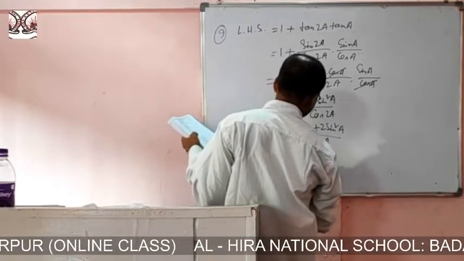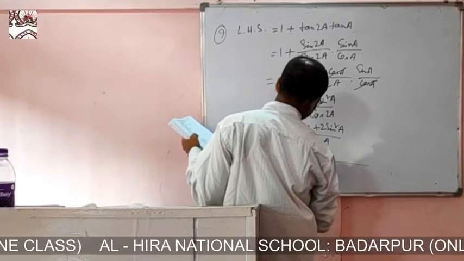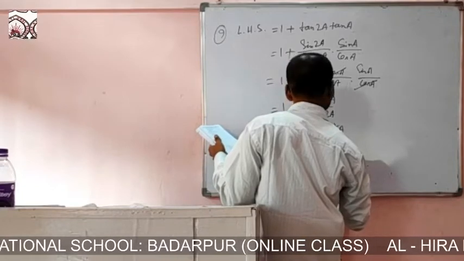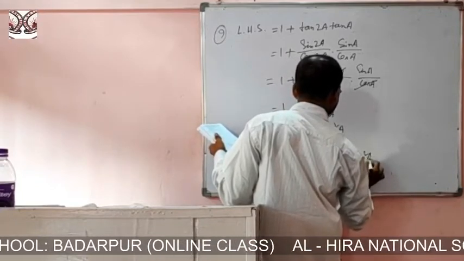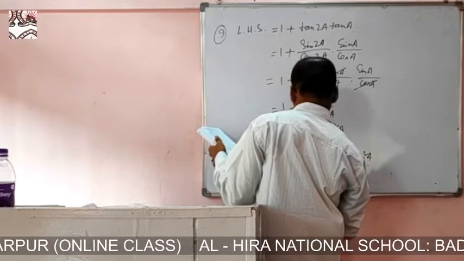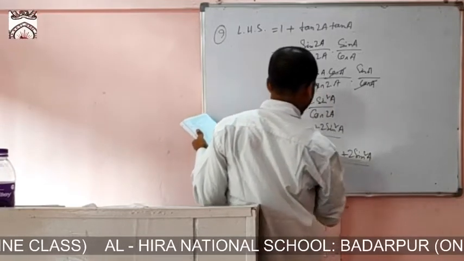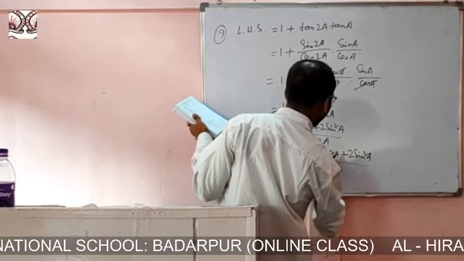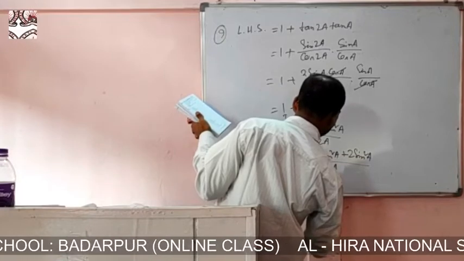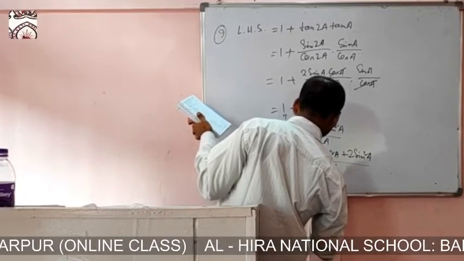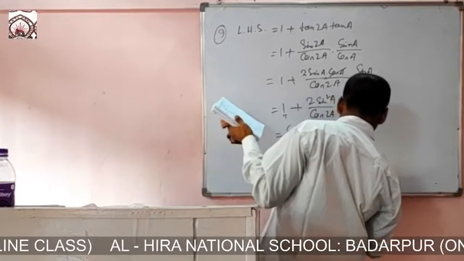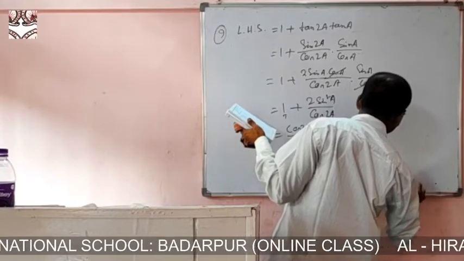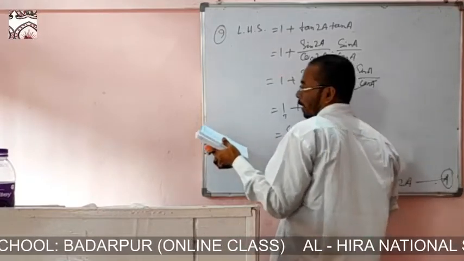Then cos 2a, one formula is there, cos 2a is cos square a minus sin square a, plus twice sin square a by cos 2a. So this one is cos square a, and this is sin square a plus twice sin square a, the remaining plus sin square a by cos 2a is equal to 1 by cos 2a is sec 2a. This one you call A.